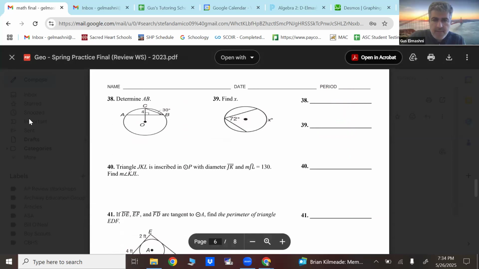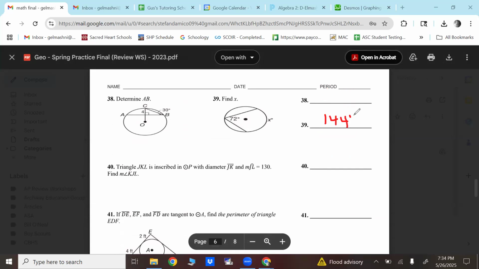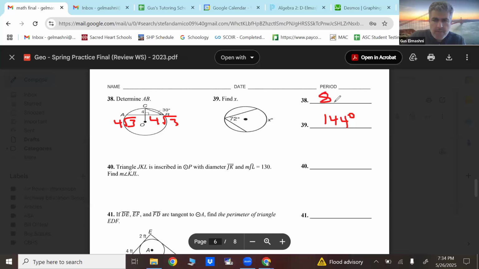If that's 72, X is 144 degrees. Here, if that's 4 root 3, and that's also 4 root 3, so it's 8 root 3.